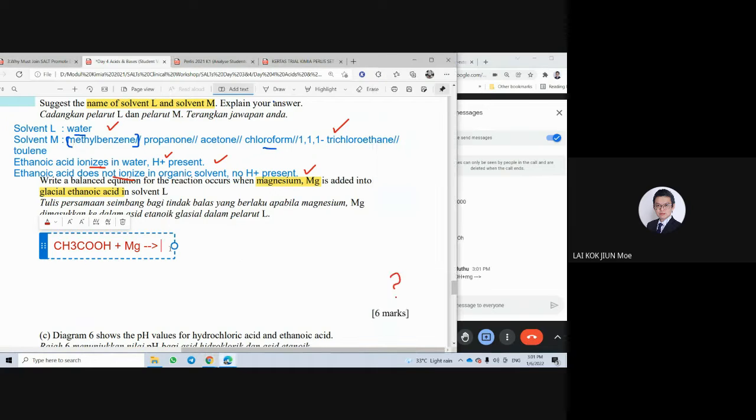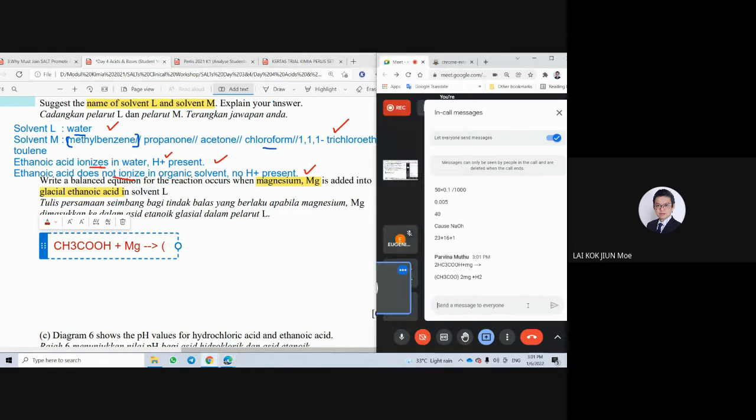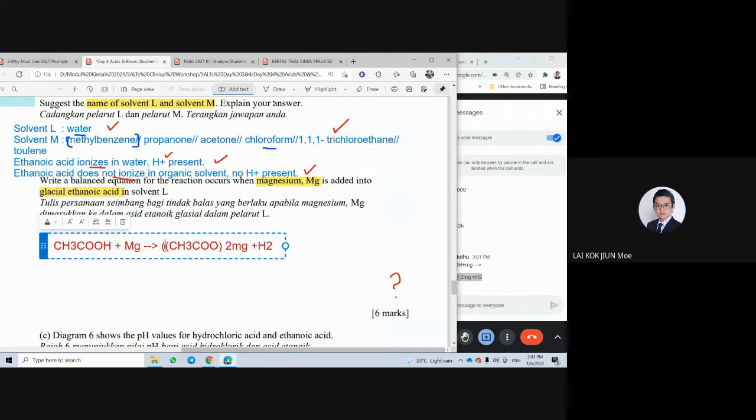You have to bracket it. How to write ethanoic acid with magnesium? It will form a salt, magnesium ethanoate salt. Very good. Well done, Pavina. Simple, okay? No problem. So you balance it.